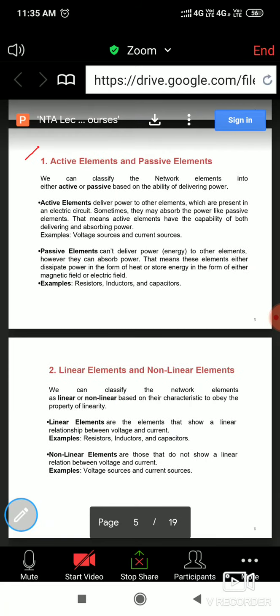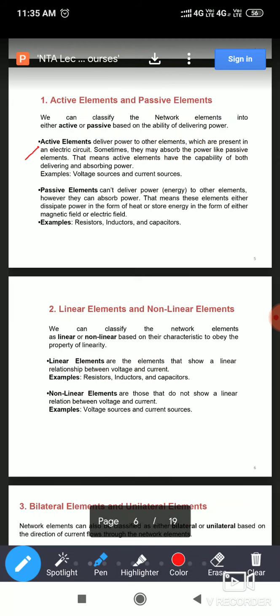Now next will be the passive element. A passive element cannot deliver the power to other elements. They always absorb the power. So what are the passive elements? Obviously resistors, inductors, capacitors. Do you understand? These are the elements called passive elements.